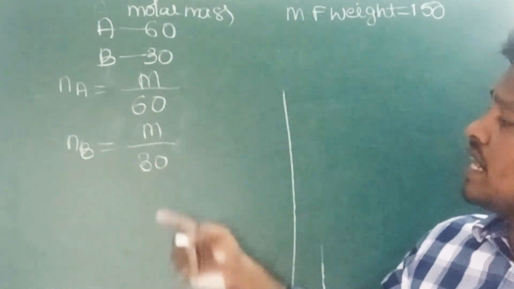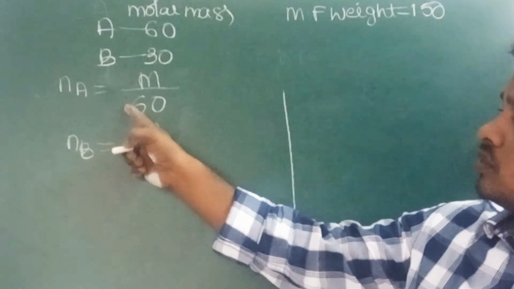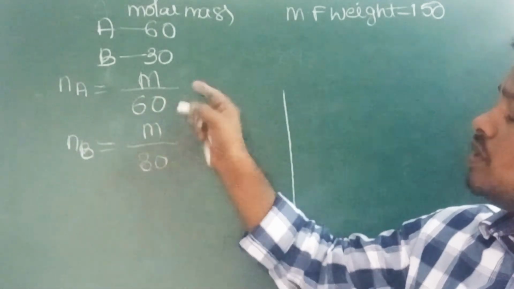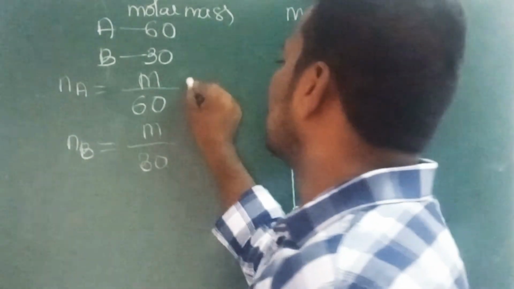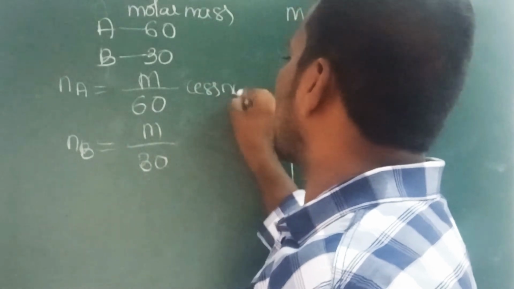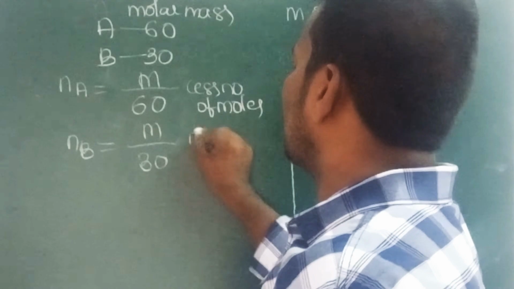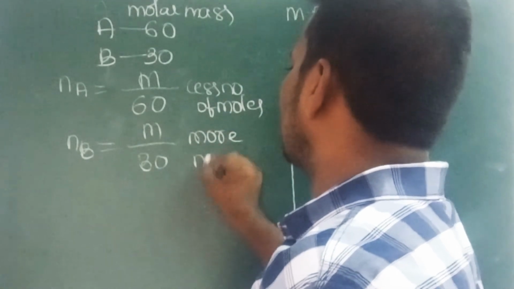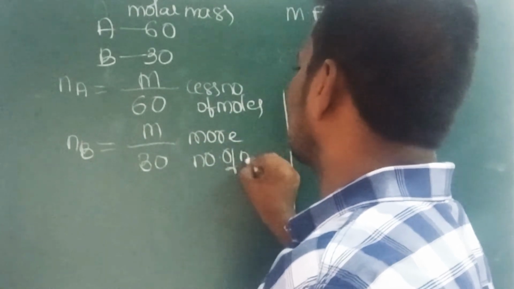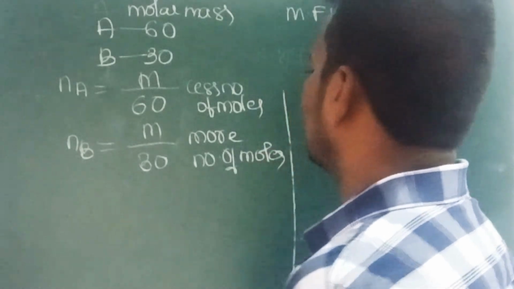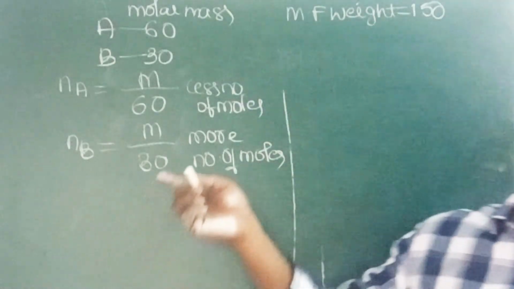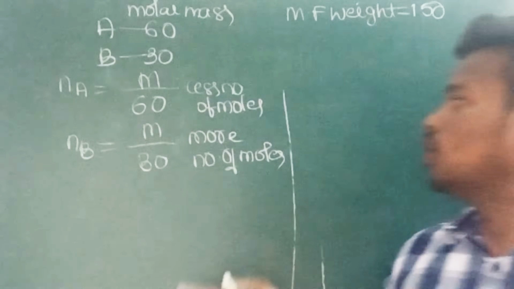Here you can see the denominator is more, so automatically we will get fewer moles. Where the denominator is less, automatically the number of moles is more.